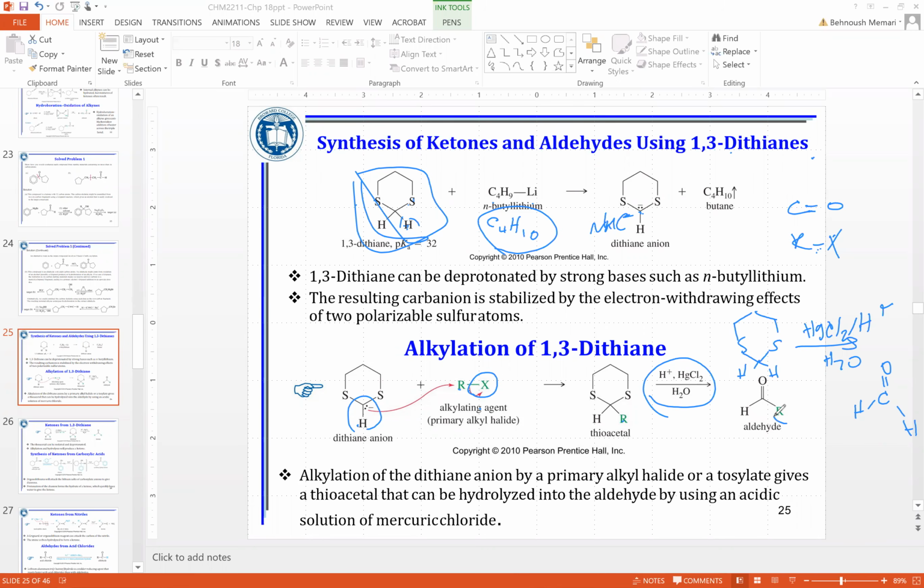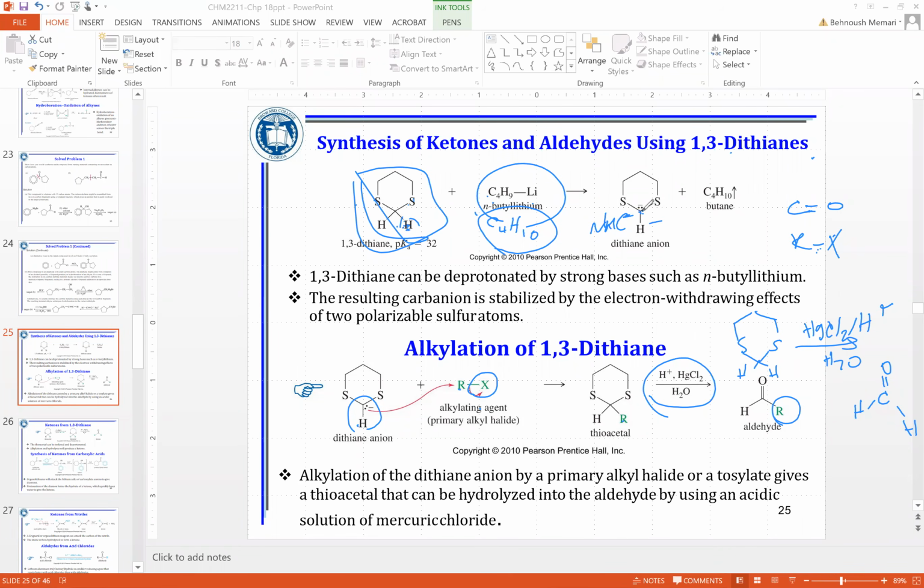Now, if you want an aldehyde, before you hydrolyze it, you replace one of these hydrogens with an R group. How do you replace the hydrogen with the R group? You have to remove the hydrogen. If you're removing hydrogen, you have to use a strong base, and the organic base that is proper to remove the hydrogen is butyl lithium, and butyl lithium is going to remove the hydrogen.